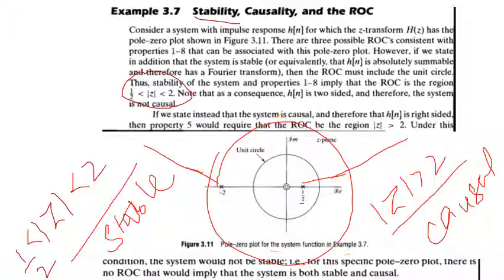If all the poles are inside the unit circle and they are right-sided, only then can I have a stable and causal system or signal. So that was about today's lecture.